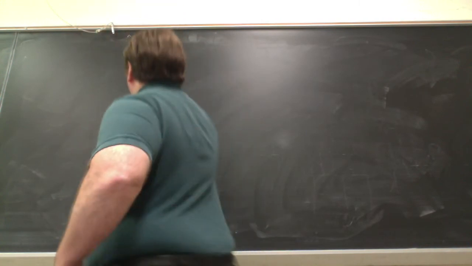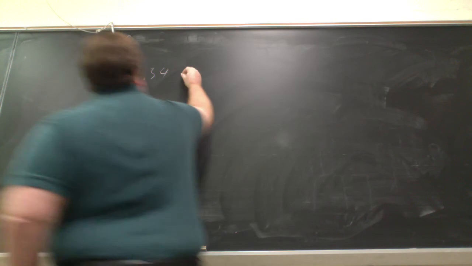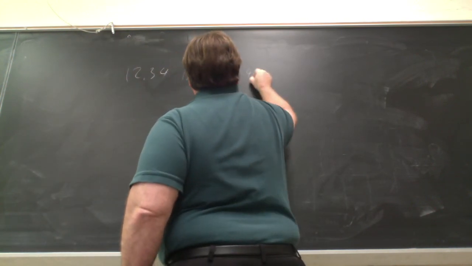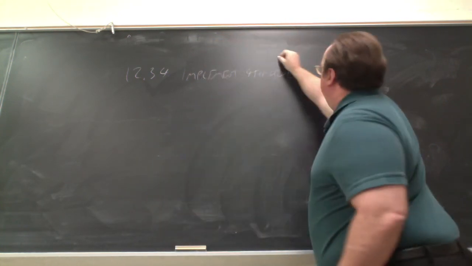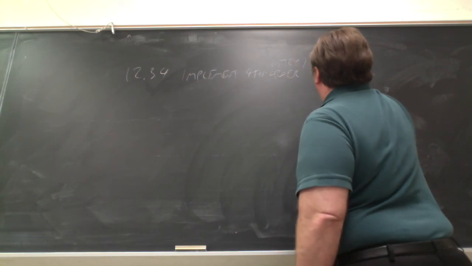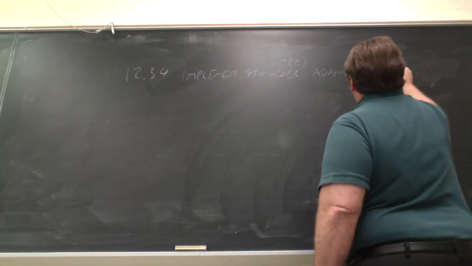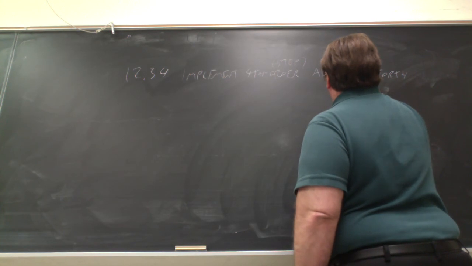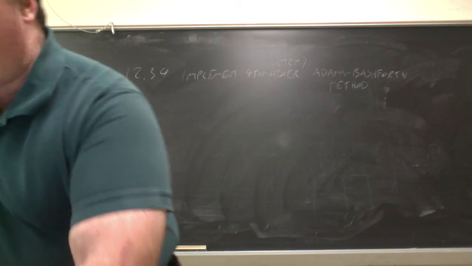Okay. So this problem, 12.3.4, is to implement a fourth order, which is also the same as a four-step, Adams-Bashforth method. The actual method, the coefficients, are given in the book, so in the problem I point to the equation number.